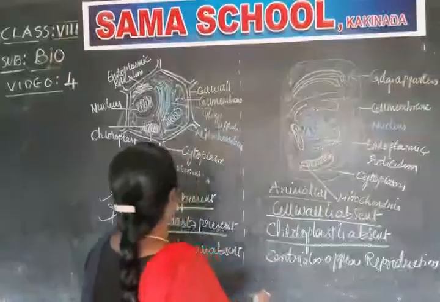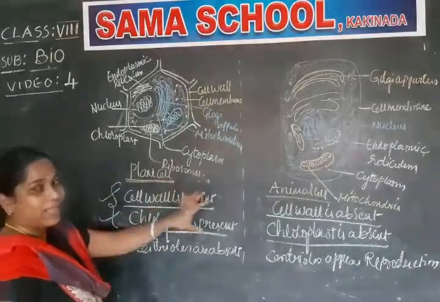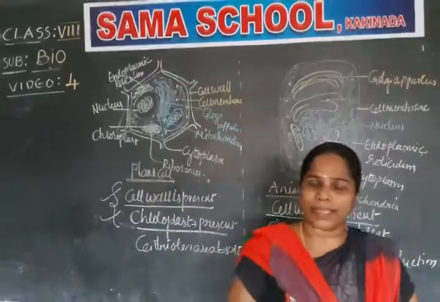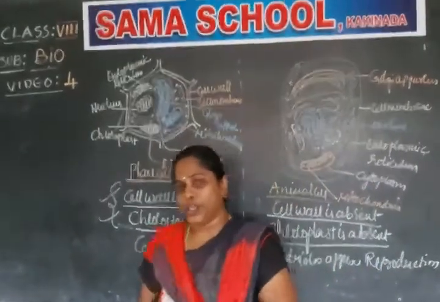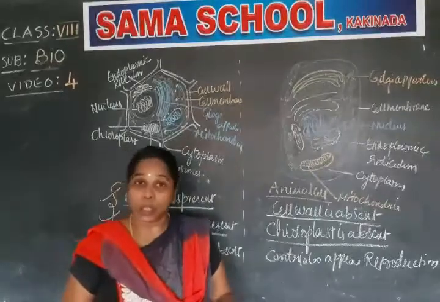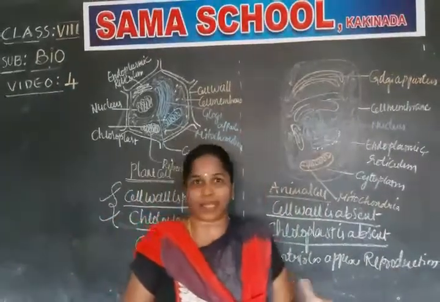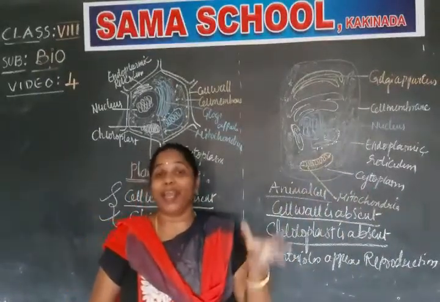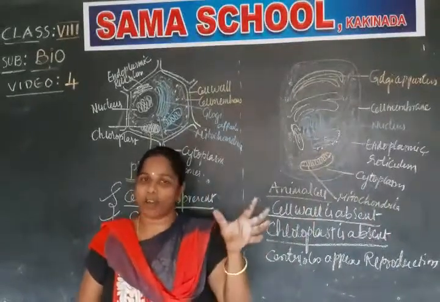Okay, so here what we have understood, we have seen the plant cell and animal cell. Now here what we have learned, the cell is the basic unit of our life. The cell forms a group of tissue. The tissue forms organ. Yes or no? So here based upon the number of cells, the organisms are divided into unicellular and multicellular organisms.